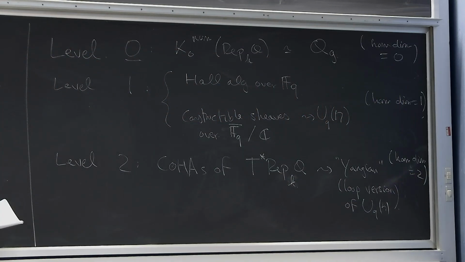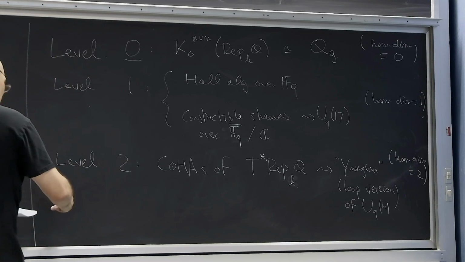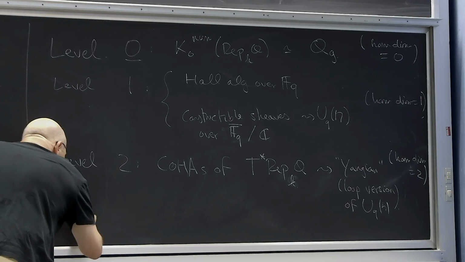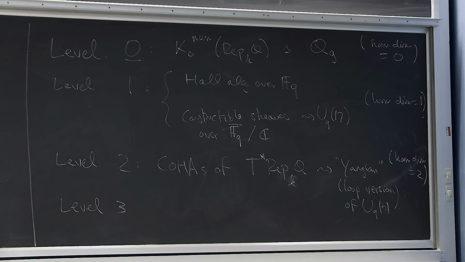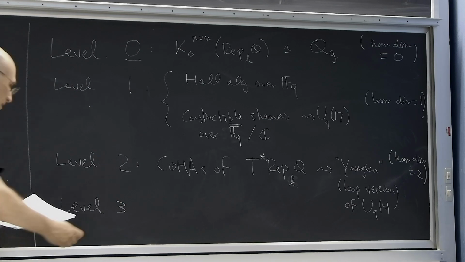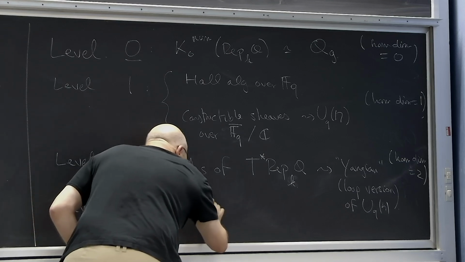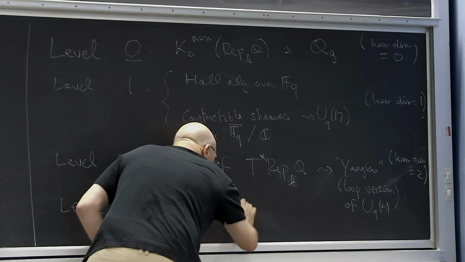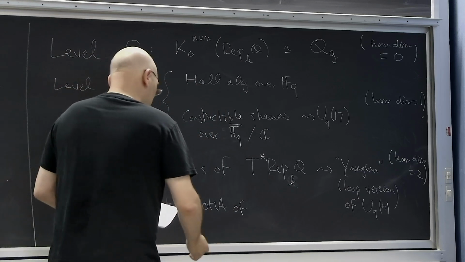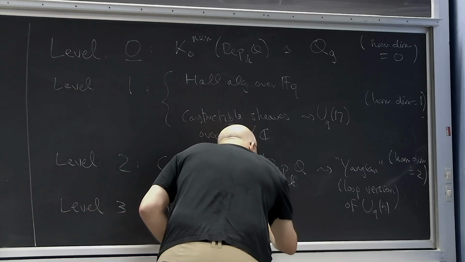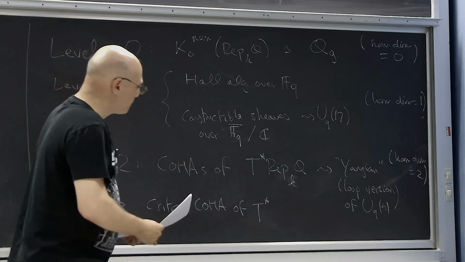And then there's a third level that I am personally a bit afraid of, and this is where we really connect to Donaldson-Thomas theory. We consider the so-called critical CoHA of, and now I'm going to write something pretty complicated, but this would just be to sell the rest by looking very fancy.